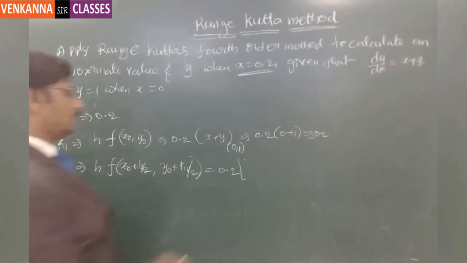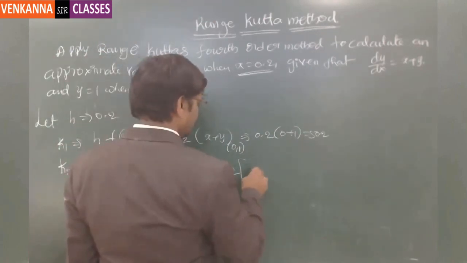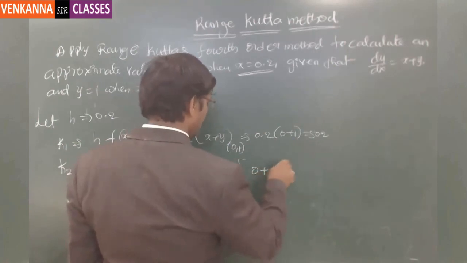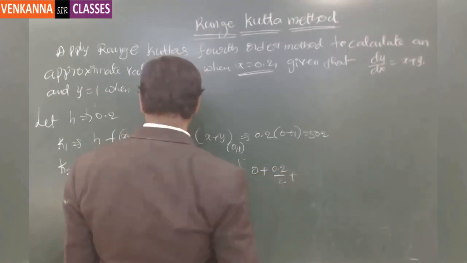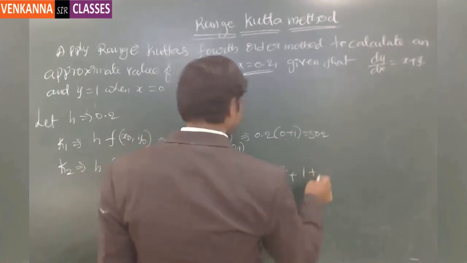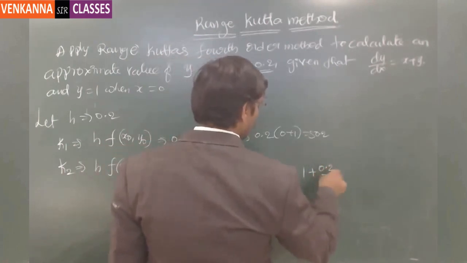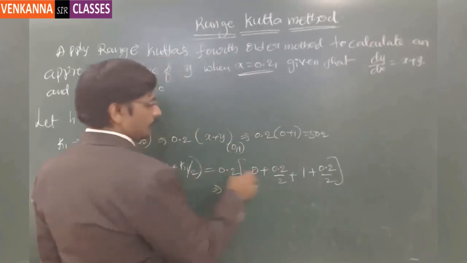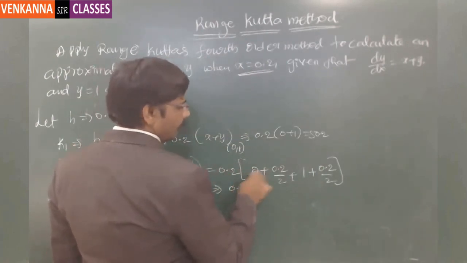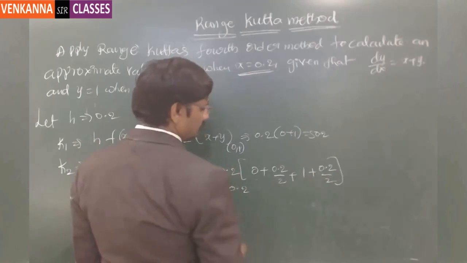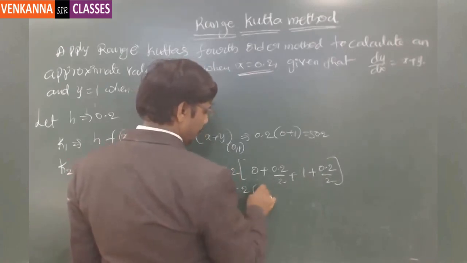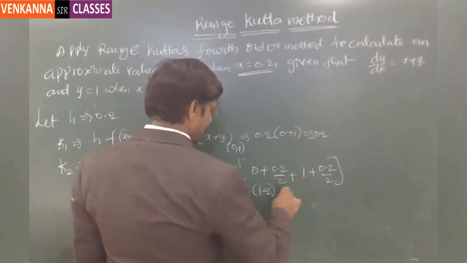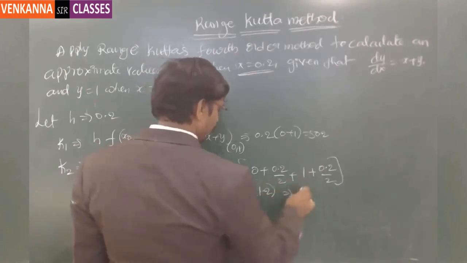So 0 plus 0.2 by 2, plus y naught is 1 plus k1 by 2, that is 0.2 by 2. So this is going to be 0.2 times of 0.1 plus 1.1, so 1.2. So this is 0.24.